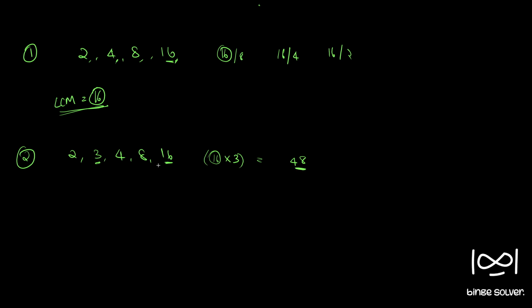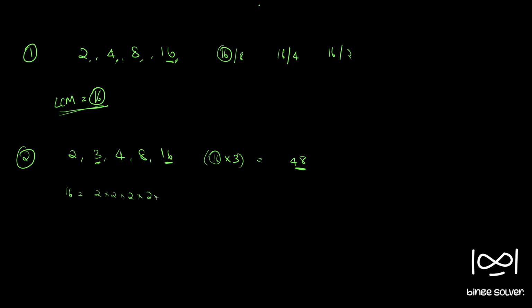So why is that the case? If you break down 16, it is 2 into 2 is 4, 4 into 2 is 8, 8 into 2 is 16. We need the LCM to be a number that each number divides. Here, 16 divides with 2, 4, 8 and 16, but there is no 3 in this.